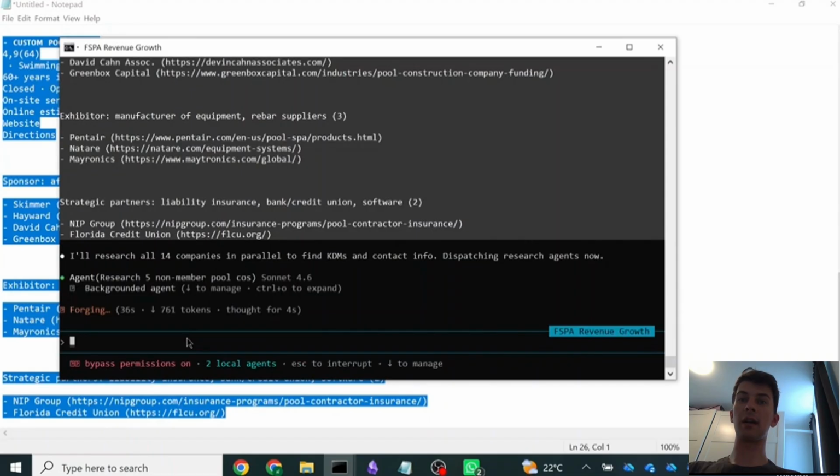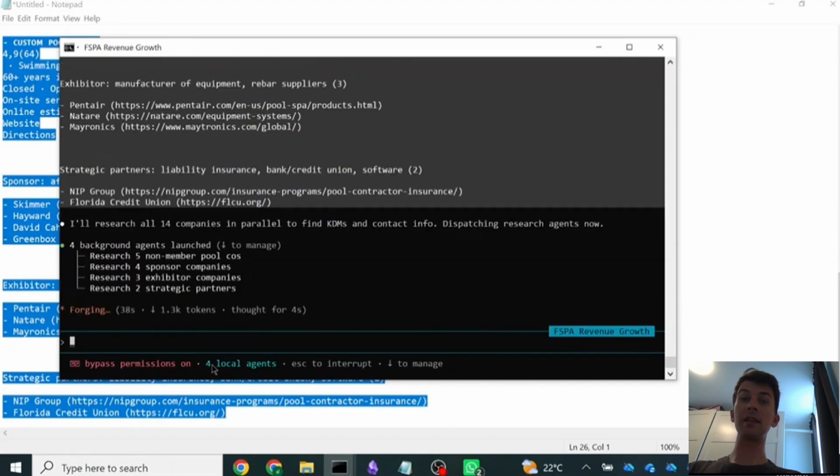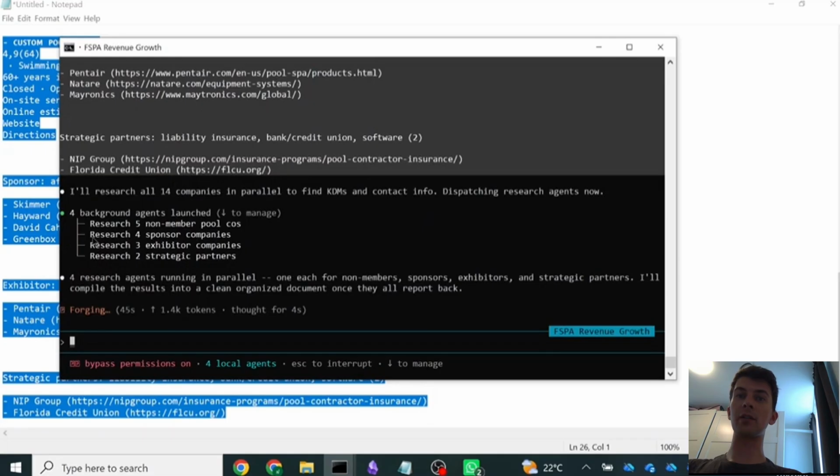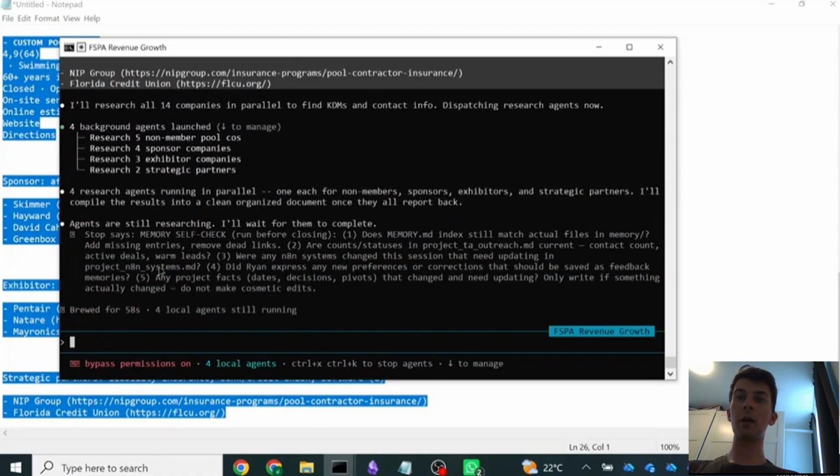So each one's going to find a key decision maker and a way to contact them, and I guess in this case, it has 1 research agent for each pool, right? So 1 research agent for the non-members, 1 research agent for the sponsor companies, etc. They're running all in parallel. Once they finish up, then it'll wake itself up, come back with the results, and then we'll move on from there.